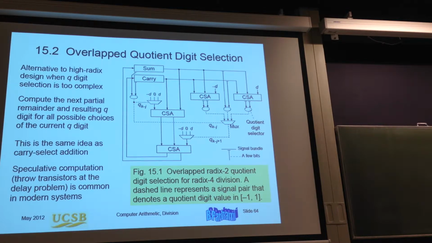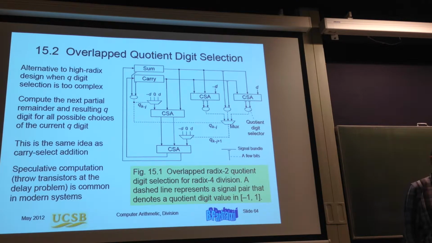Then I'm subtracting d, I'm adding d, and I'm doing nothing. In both cases, I am determining the quotient digit for the next iteration. And when I am done with this calculation, I can select this one, and I can complete another one. Then in one iteration, I am actually producing two quotient digits. One in a normal way, the other one in a speculative way.